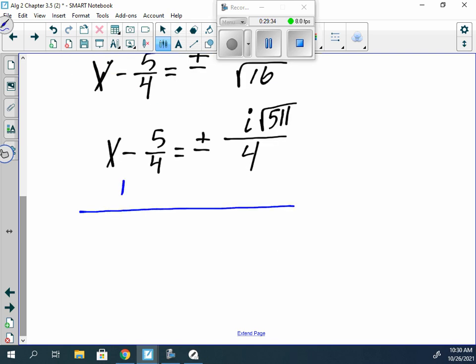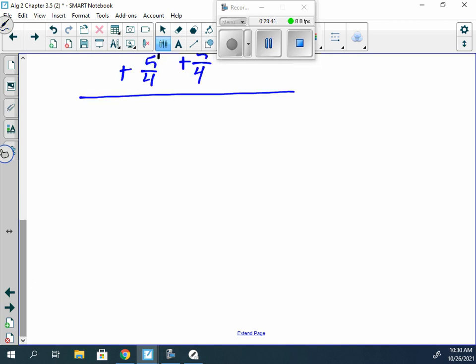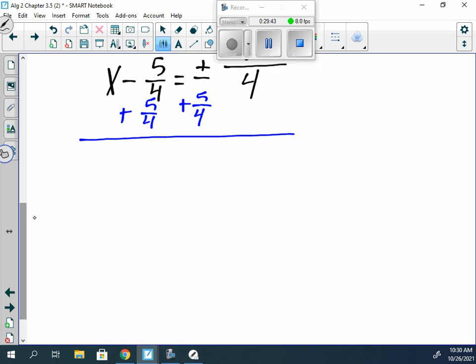Still need to get x by itself, so we would add 5/4 to both sides, which tells me x is equal to 5 over 4 plus or minus i square root of 511 over 4.